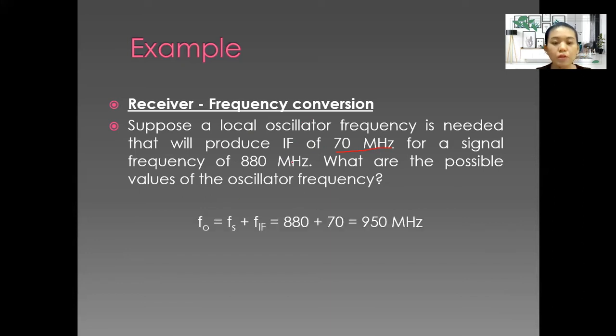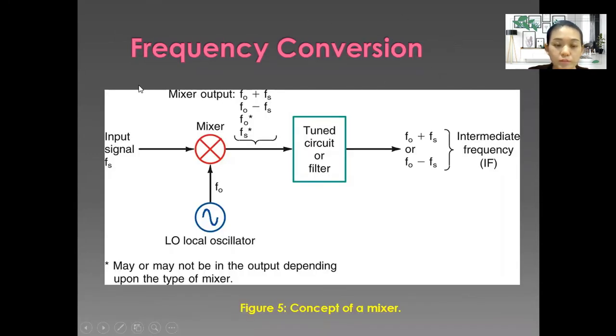We refer back to the frequency conversion. We have the mixer output: F0 plus Fs, F0 minus Fs, F0 and Fs. The IF is equal to F0 plus Fs, or F0 minus Fs.